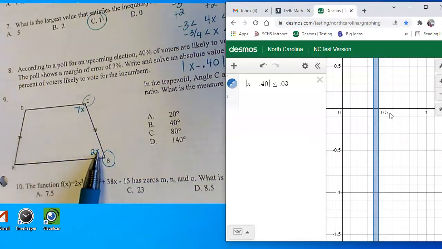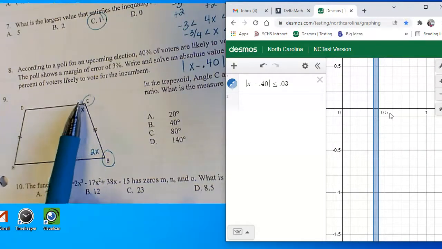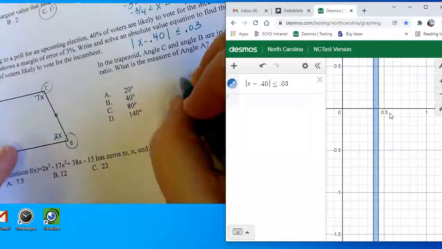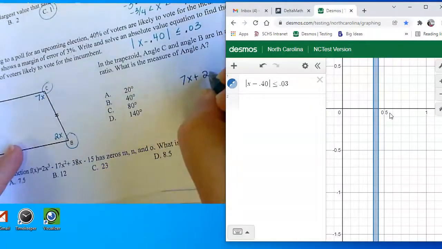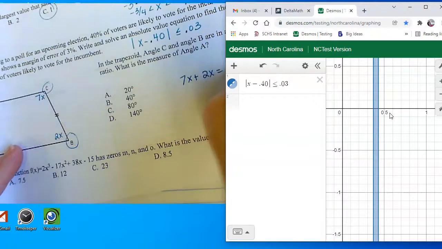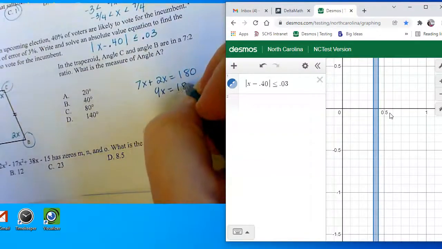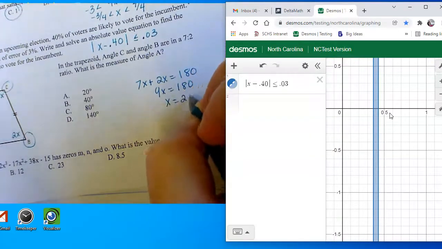They're supplementary. These two right here are equal to 180. And that happens in quadrilaterals that are not inside a circle. If it's inside a circle, totally different story. But what that tells me is that 7x plus 2x equals 180. And I can solve it and get 9x equals 180, which means x is 20.